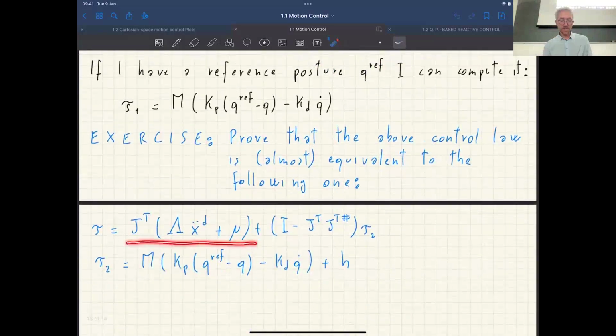So you use the standard controller for the Cartesian space, where you have the Cartesian space compensation of the bias forces. But then if you do that, in your joint space torques you need also to compensate for the bias forces H. Okay, you have these two options basically. And I asked you if you were able to prove as an exercise that these two options are actually equivalent, almost equivalent. There is a small difference.